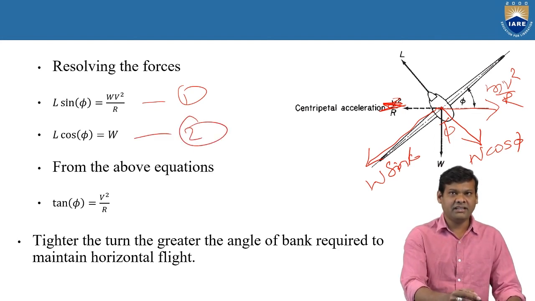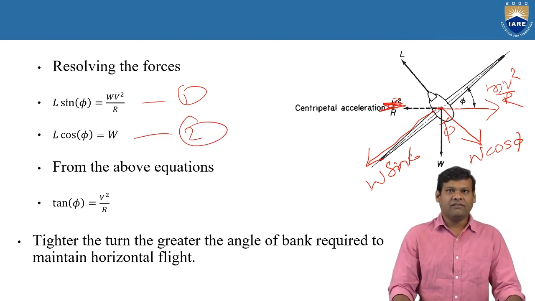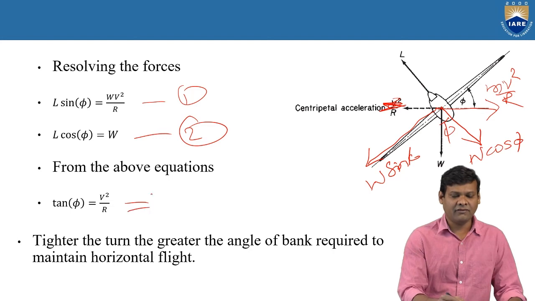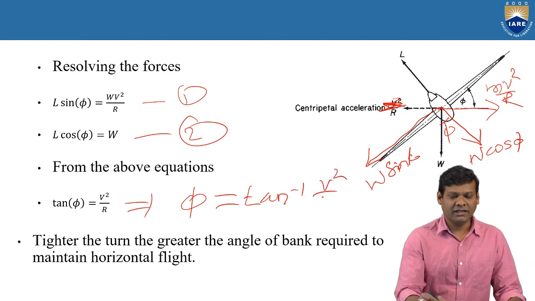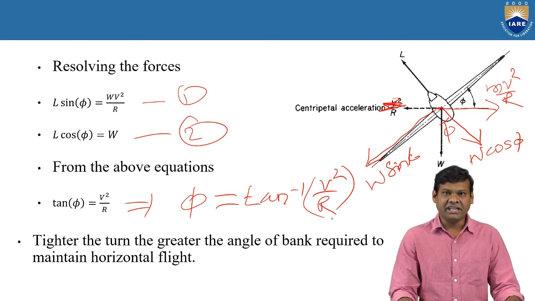When we divide equation 1 by equation 2, we get tan phi equal to V square by r g, and so phi equals tan inverse of V square by r g. This is what we get, and we can deduce what happens to phi if r is small, and what happens if V is small or V is large.